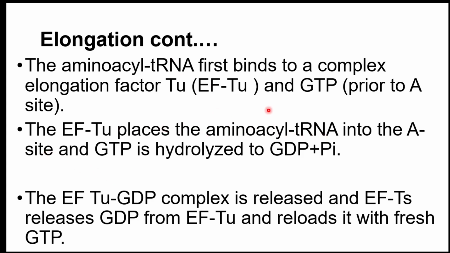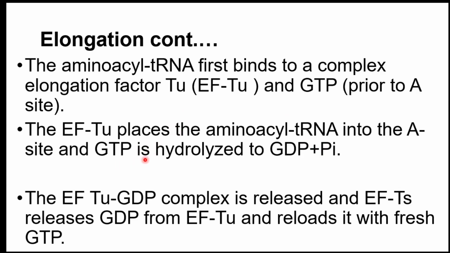So we've seen that the amino acid tRNA does not just come and enter the acceptor site. It is placed there by something, and this is what places it there. It is the elongation factor TU. When that happens, GTP is going to be hydrolyzed to GDP plus a phosphate group. So that is what happens. Meaning there is hydrolysis, which means that there is energy required for this to happen.